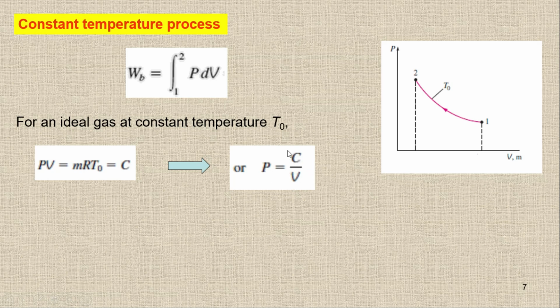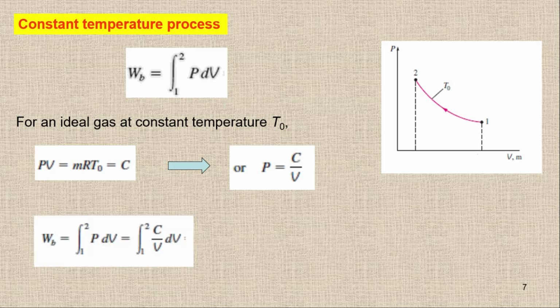If you remember, this is a law as well. Now if I change P by C by V, the boundary work is the integral of P dV, which is C upon V dV between limits 1 and 2. Now C is a constant value, so I can take it outside of the integral sign, and then it will be C times the integral of 1 upon V dV.